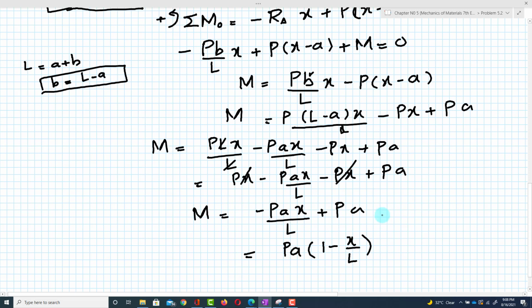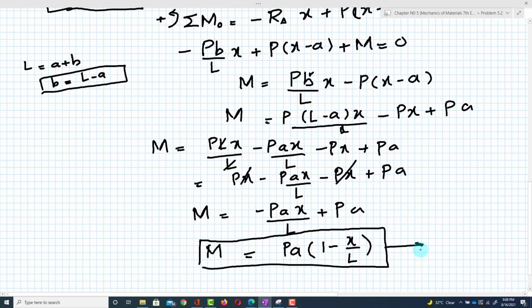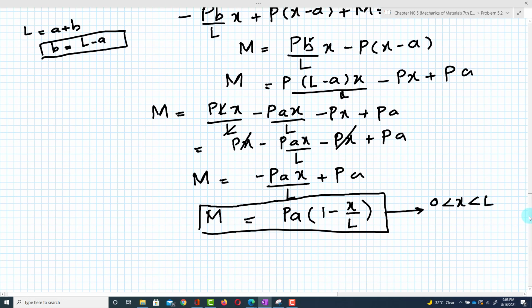So that is the equation of moment, P A into 1 minus X over L, and it is valid for X greater than 0 and less than L. Clear?